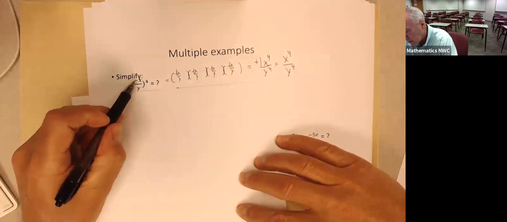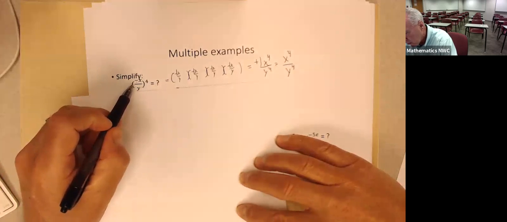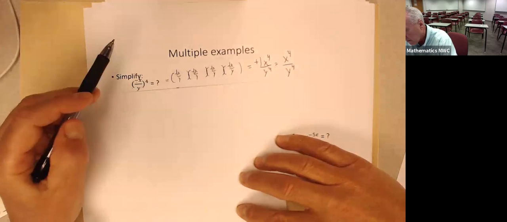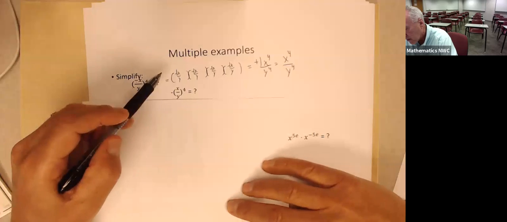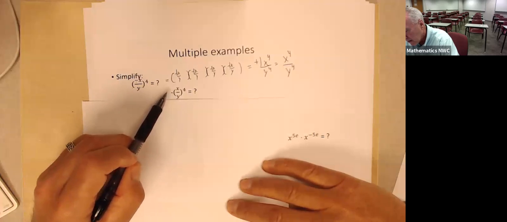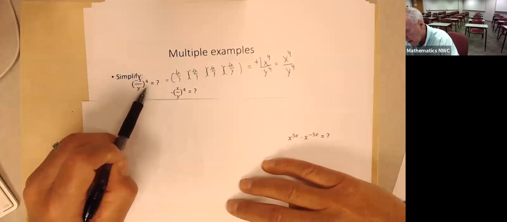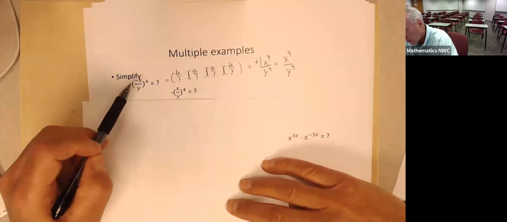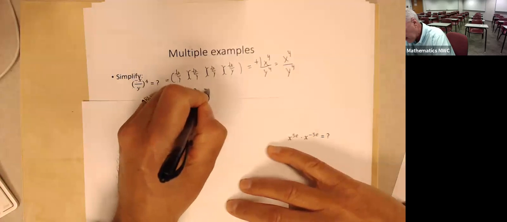Here's the key part I want you to pick up. Because the negative is in the parentheses, the negative was raised to the 4th power. Compare that to this one. Notice this negative is not in the parentheses. This one was. Huge difference there. I want to say that again. When it's in the parentheses, it's raised to the 4th power. When it's not, this one really is only the negative out front.